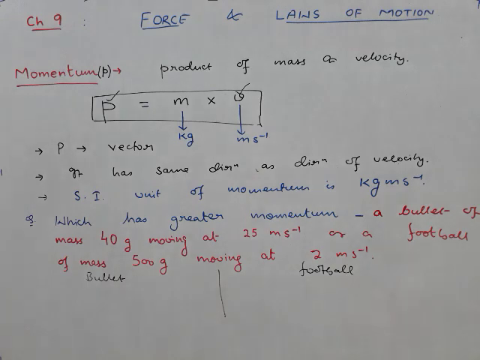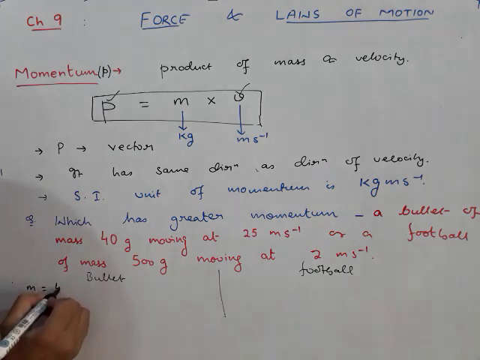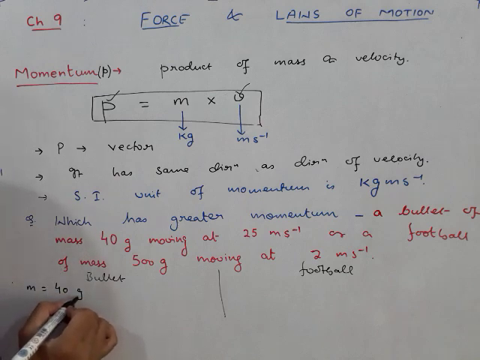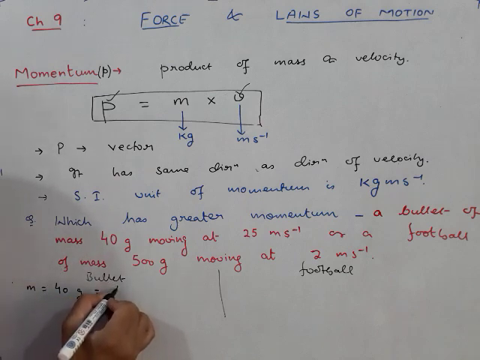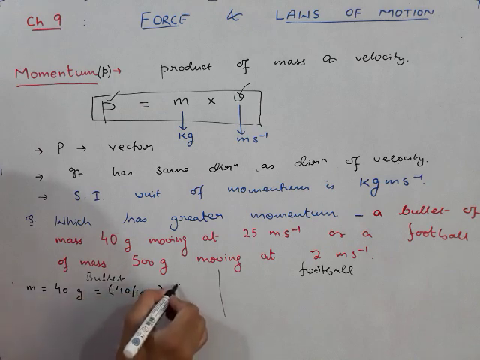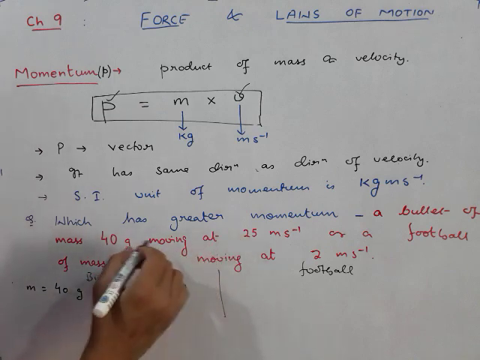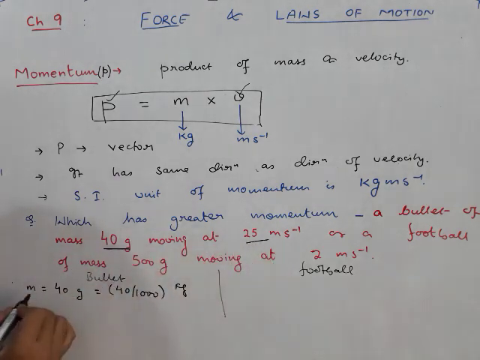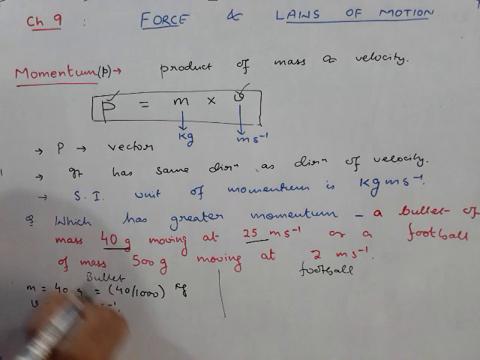Now for bullet, what is the mass? 40 gram. So mass is 40 gram. 40 gram can be converted into kilogram by dividing by 1000. And its speed is how much? 25 meters per second. So V is equal to 25 meters per second.